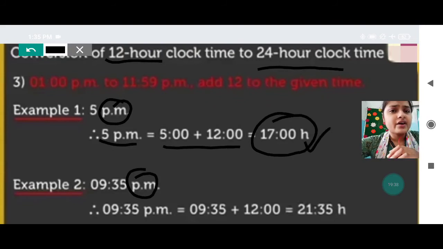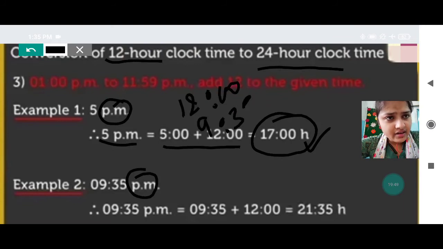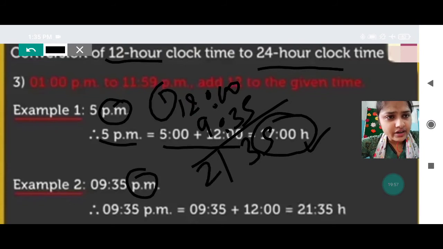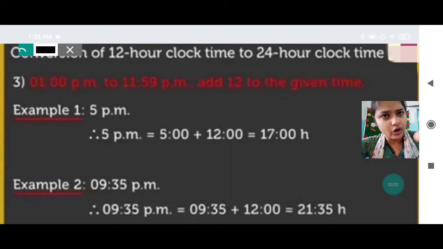In the same way, when 9:35 PM is there, you will add 12 in that. 9 plus 12 is 21, and you write 35. So you will get 21:35. So that is now in 24-hour clock timing.